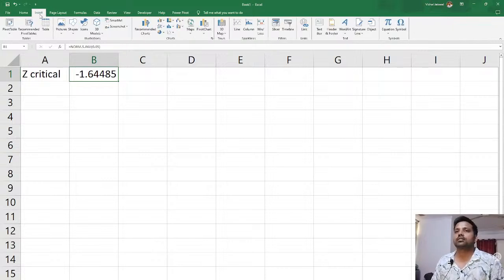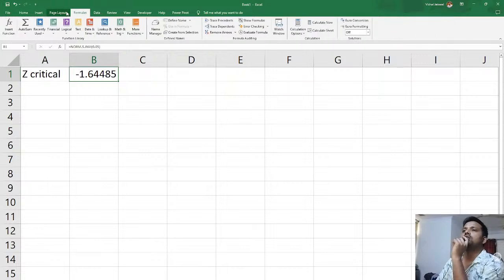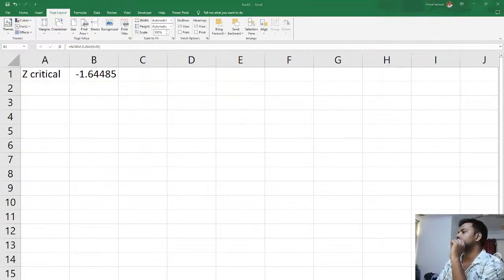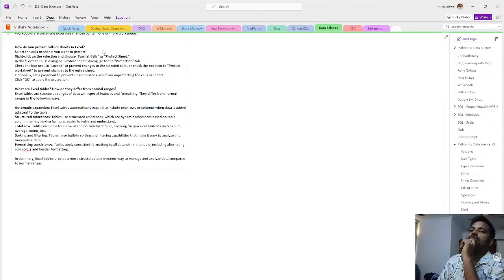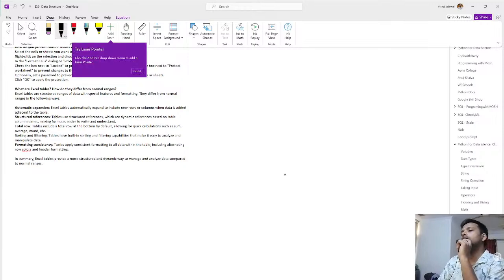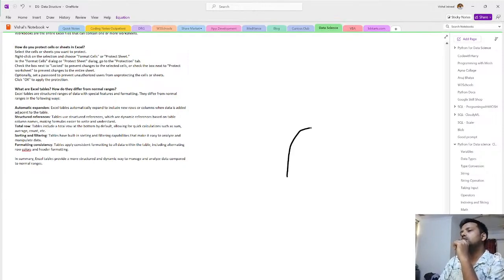Let me try and draw that. What we are calculating is a number.